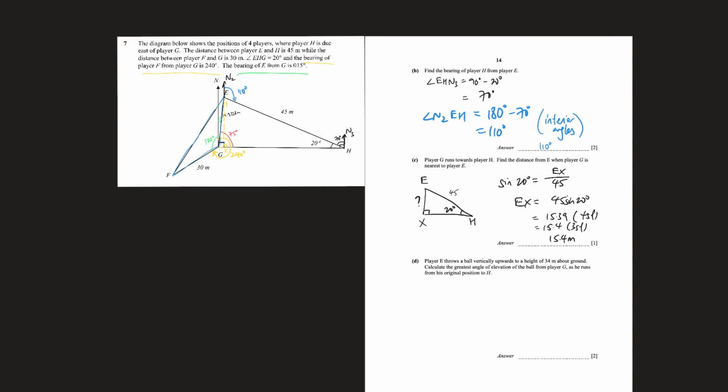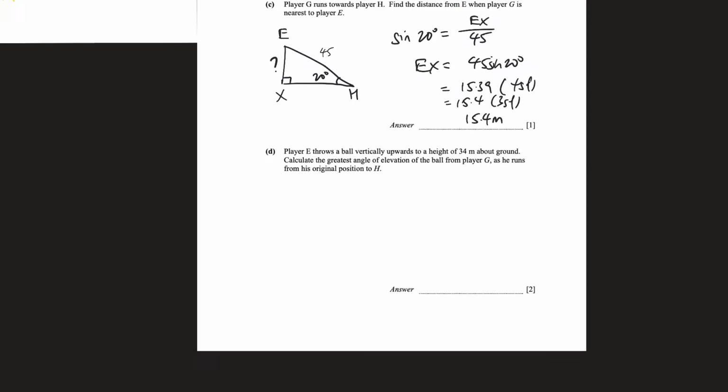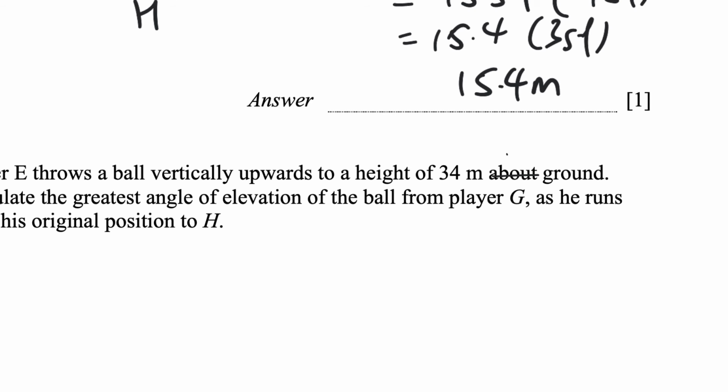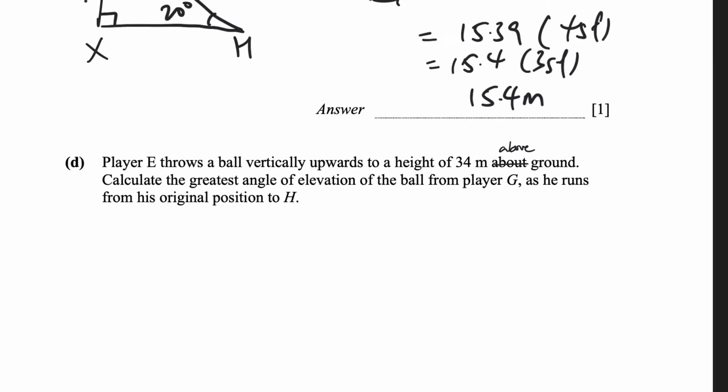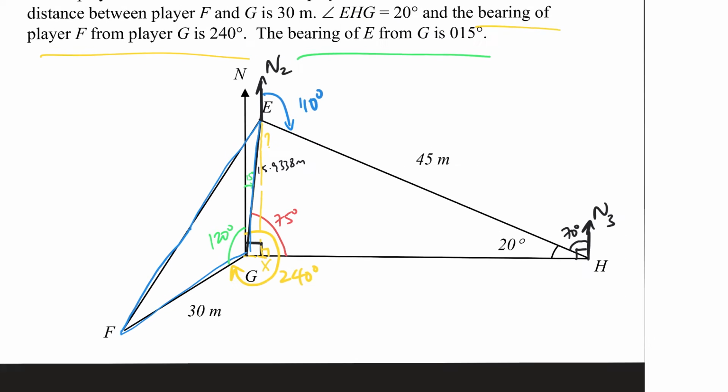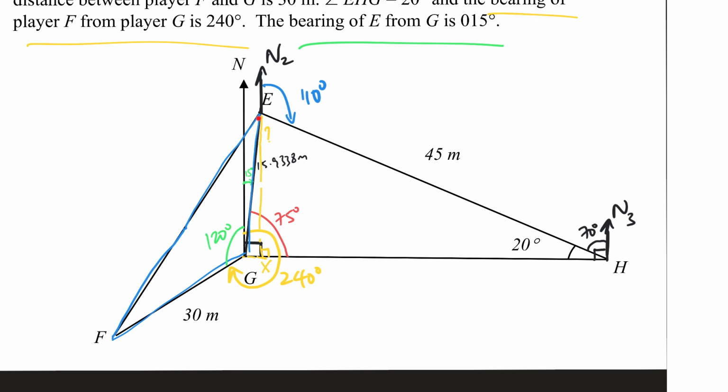And now for the last part. Player E throws a ball vertically upwards to a height of 34 meters above the ground. Find the greatest angle of elevation of the ball from player G as he runs from his original position to H. So player E, now above here, throws up a ball, and you want to find the greatest angle of elevation.